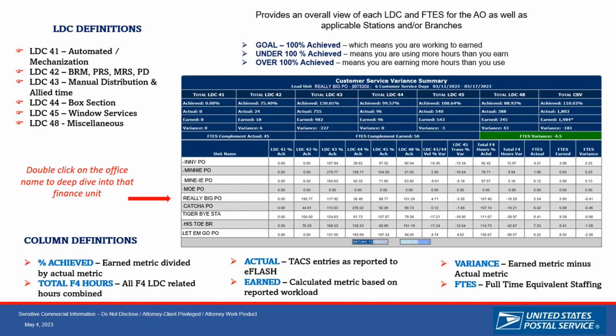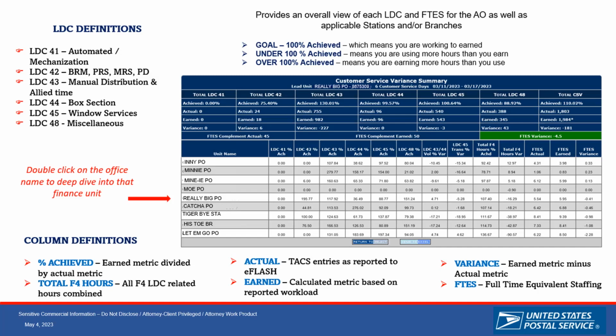LDC 42 is your business services LDC, which is your BRM, your PRS, your MRS, and your postage due. LDC 43 is your distribution: letters, flats, and parcels. LDC 44 is your box section. LDC 45 is your Windows services. And LDC 48 is your miscellaneous items.